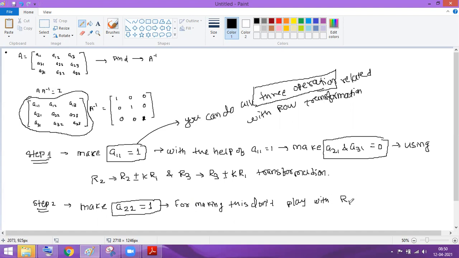Why? I'll tell you later, don't worry about it. You will find out why I said this. Don't play with R1 means if you want to make A22 equal to 1, then you have only one option, R3. With the help of R3 you have to make this equal to 1.